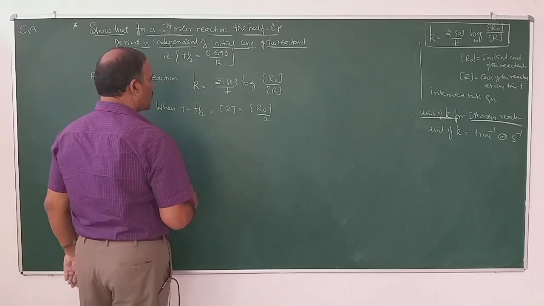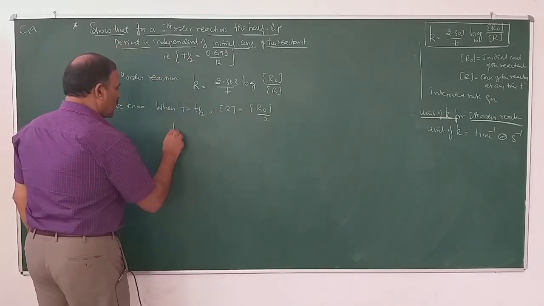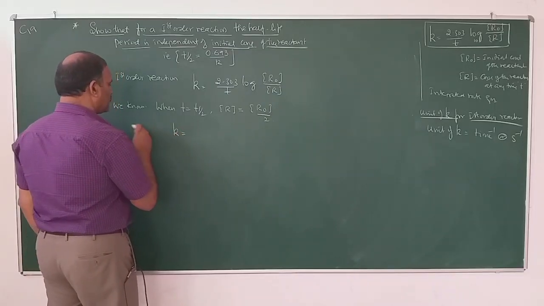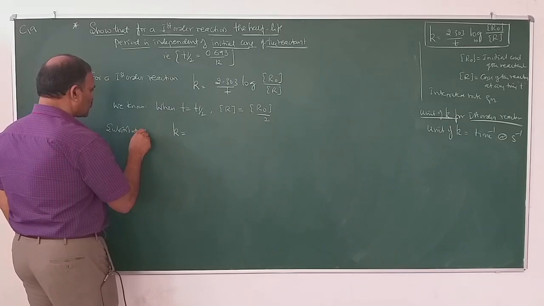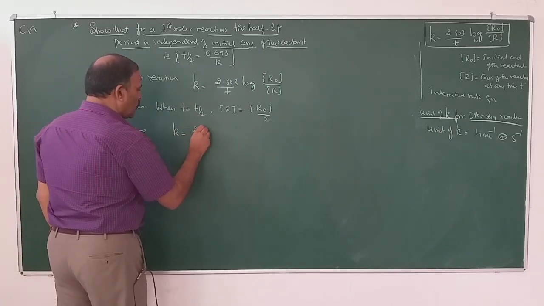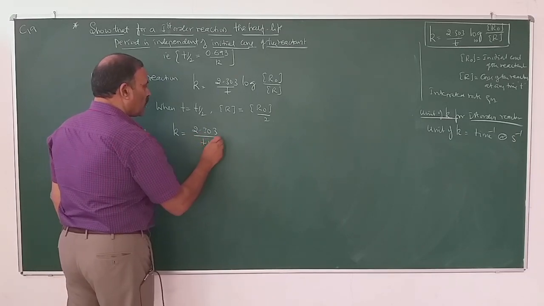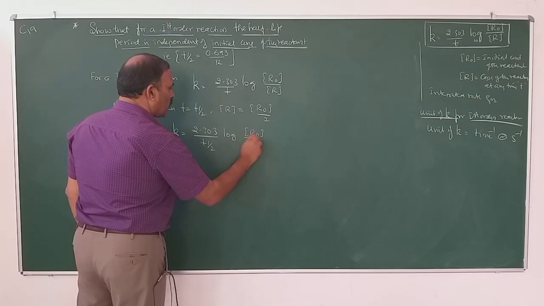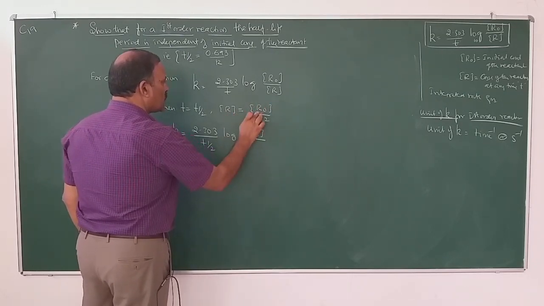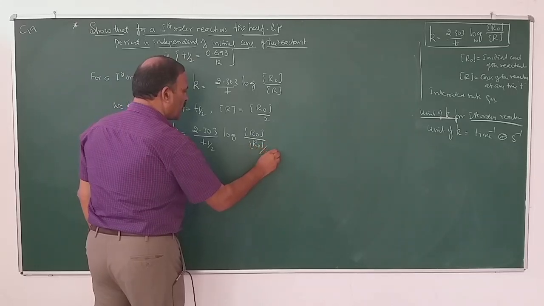Substituting the value of T and R in the above equation, K equals 2.303 divided by T half log of R0 divided by R naught by 2.